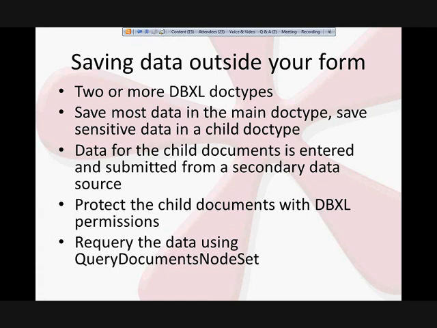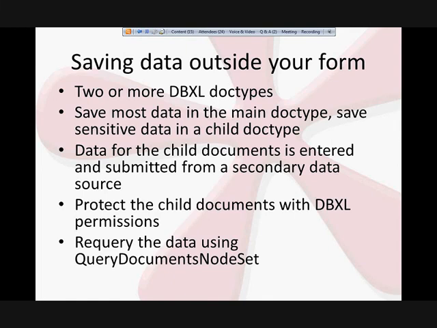So the idea here is that you have a parent form that stores most of the field values for whatever is being submitted. And then you have a child form that's used for storing the more sensitive data that's part of the form. So when someone enters their data, it doesn't actually get stored in the main data source, but it's stored in a secondary data source.